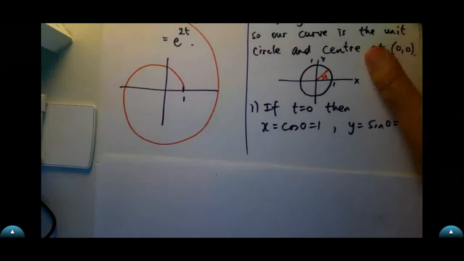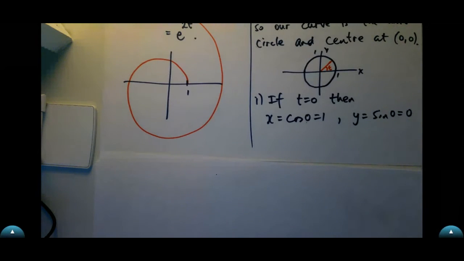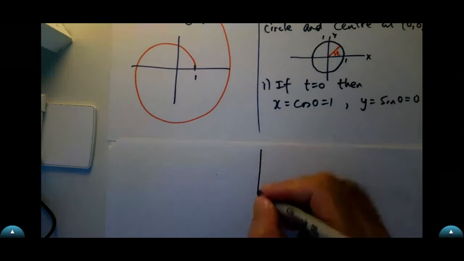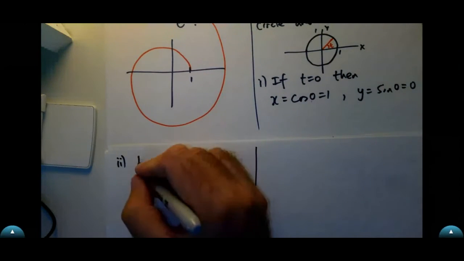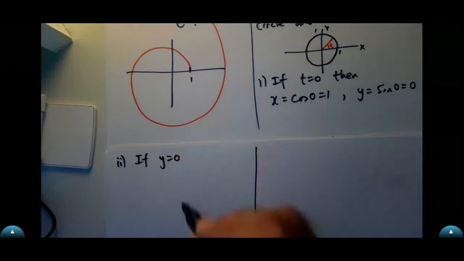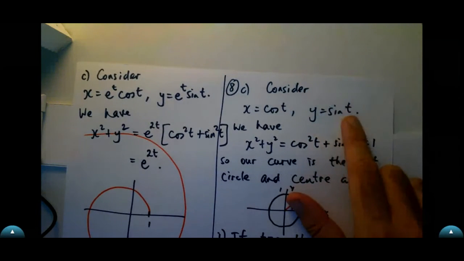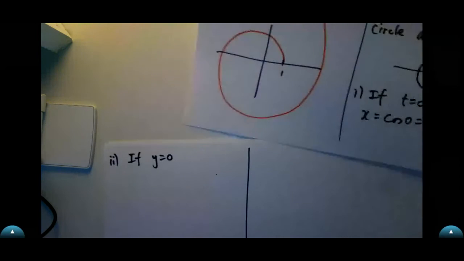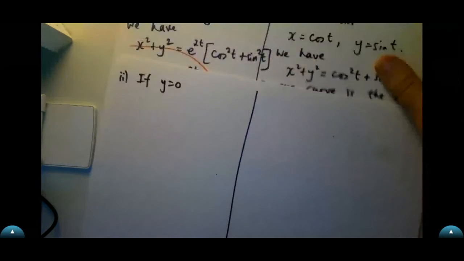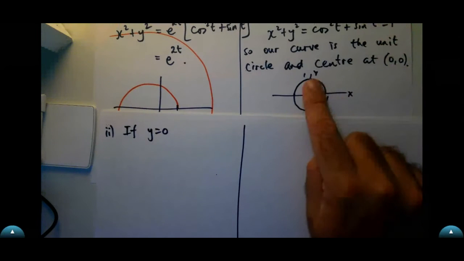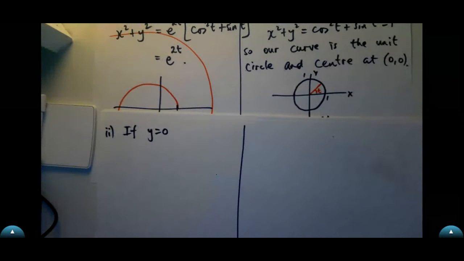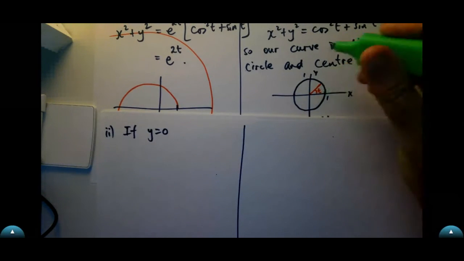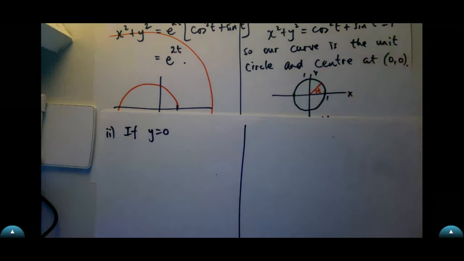Let's have a look at the points on the curve where y equals 0. Okay, so if y equals 0, it means that sine of t must equal 0. Okay, so that's the only way. Now, if we look at our curve, where is y equal to 0? Well, it's here, right? It's there, and it's there.